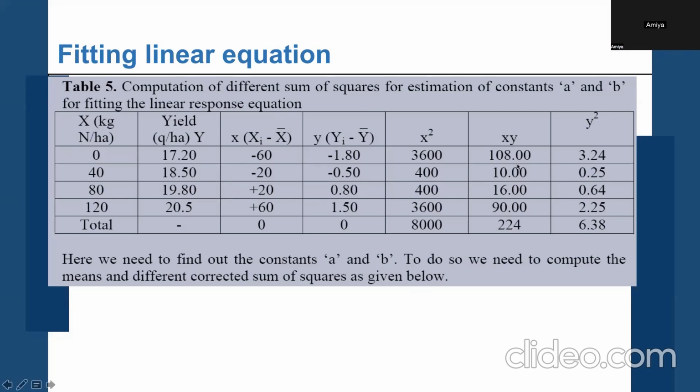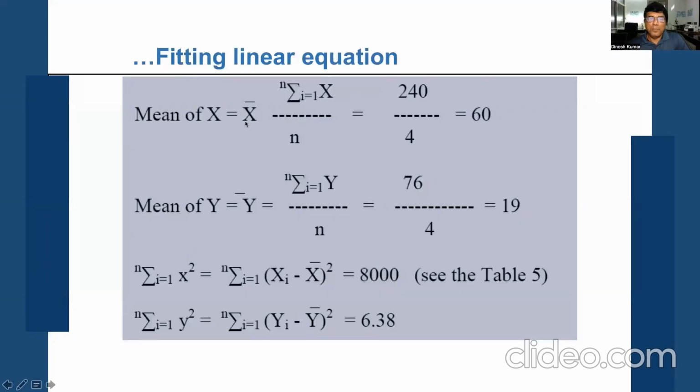Anyway. No doubt, sir. Okay, now you see how we can do it. Mean of x, summation x is 240 by 4, 60. And mean of y in the last table, y bar, summation y upon n, 76 upon 4, it is 19. And you see corrected sum of square in the last table for summation x square was 8000 and for summation y square was 6.38.